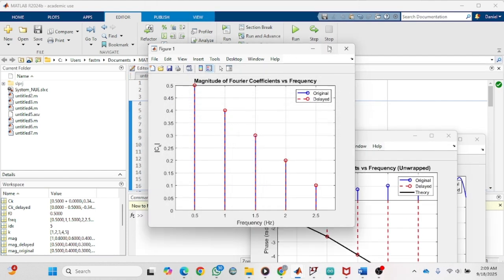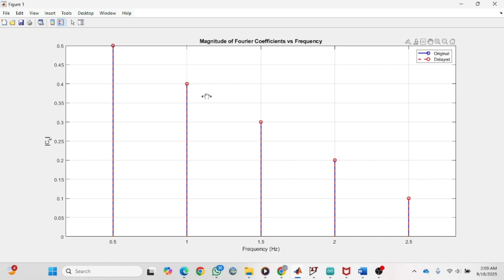Okay, so I start with this one. We expect it not to change, because remember, we already had the magnitudes: 0, 2, 3, 4, 5. These are just your magnitude spectrums at the particular harmonic frequencies.